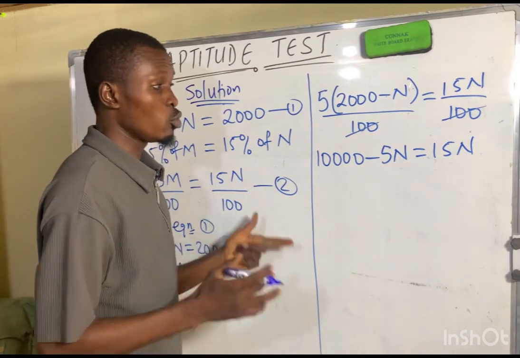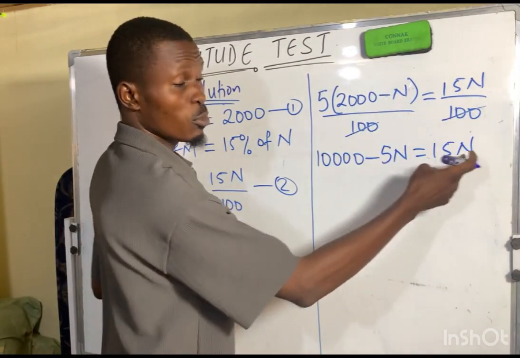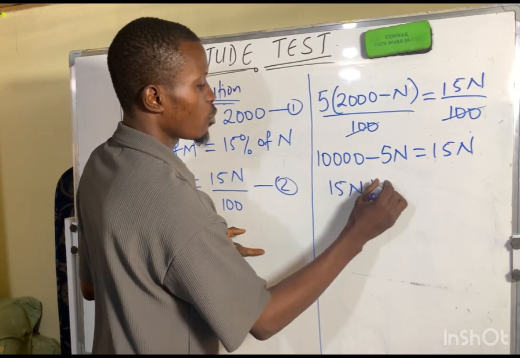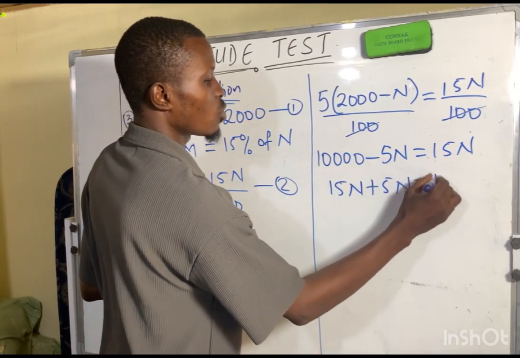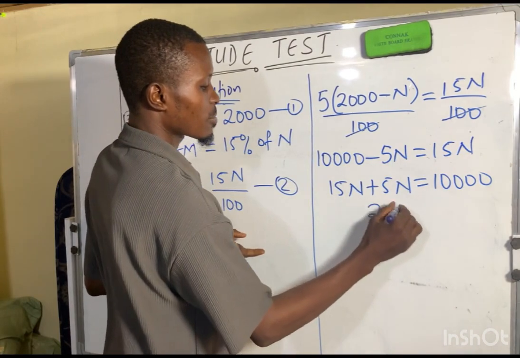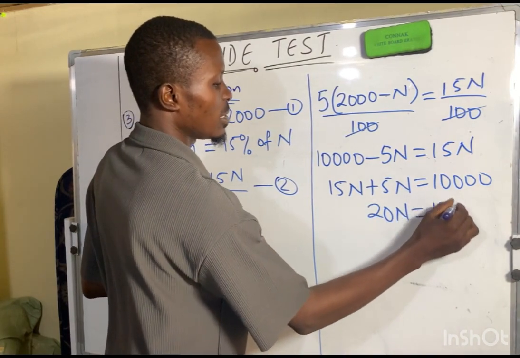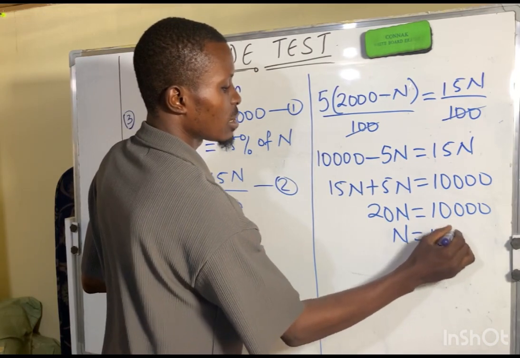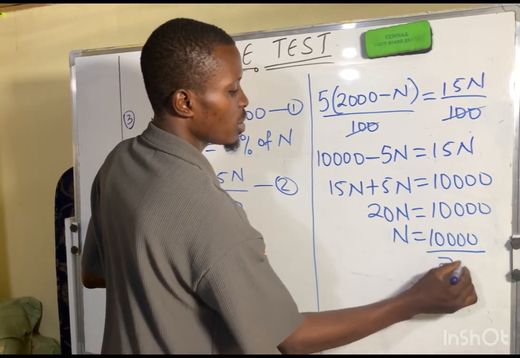When you rearrange, minus 5N comes here to become positive. So I'm going to have 15N plus 5N equals 10,000. So 20N equals 10,000, and my N will be 10,000 over 20.